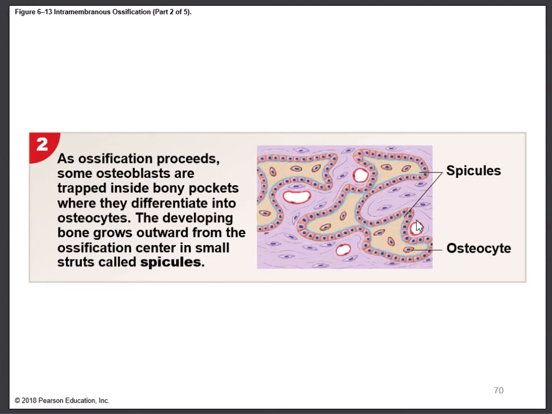They're eventually going to surround these blood vessels, which are going to form our bone marrow. They're in the pockets or the spaces between the trabeculae, and we'll look at that in a minute. So in this step, we just see that the bony islands are getting larger and larger, and they form these spicules, little points that are starting to go around some of the blood vessels.